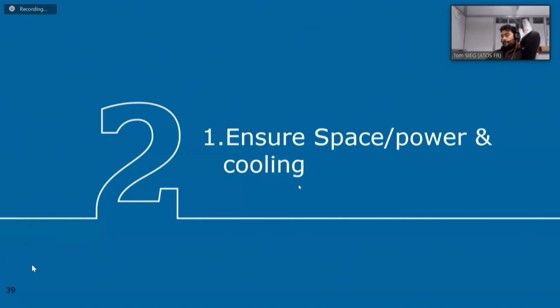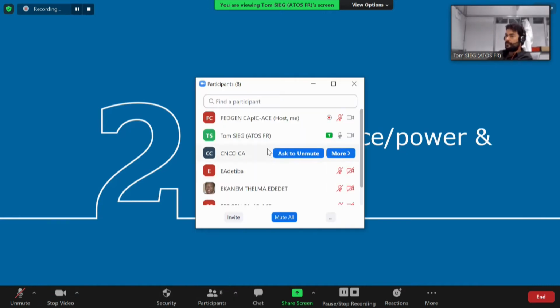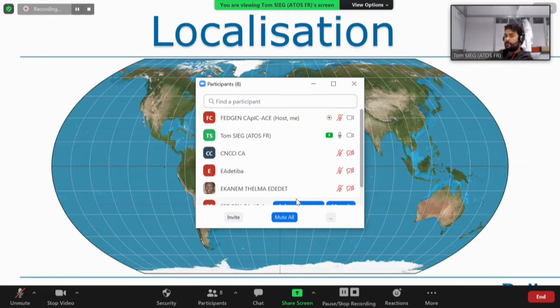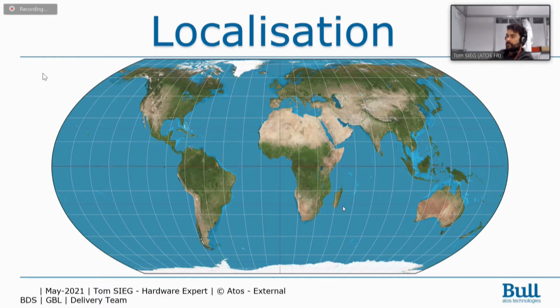So we spoke about space, power, and cooling of your future cluster, so your infrastructure. First of all, you have to choose a localization and consider the impact of this localization. It's not because you are living in America, Asia, or Africa that you need your cluster there.